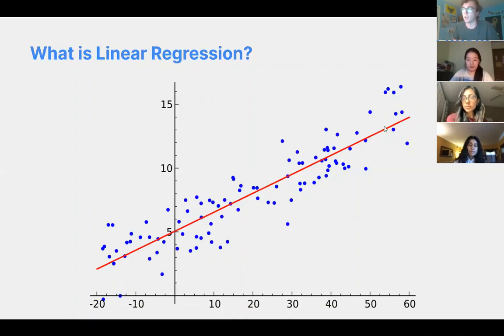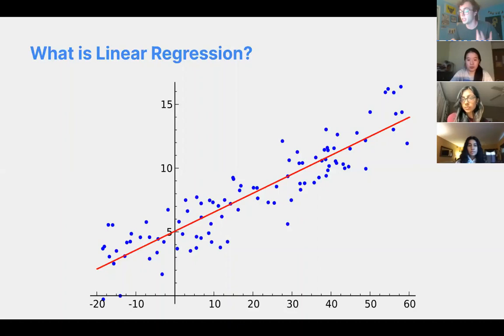If this red line wasn't there, this one's pretty clear, we can identify that there's an upward trend. But sometimes it would be a huge data set with millions of points, or it may not be so clear what direction it's going in. And that's when having a line of best fit is really helpful.